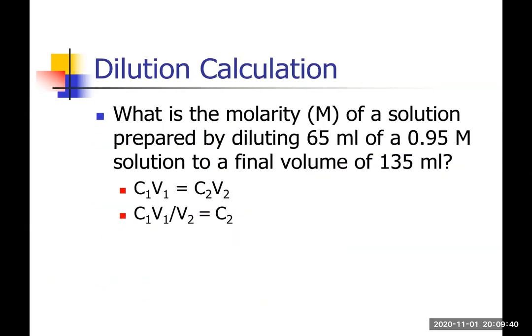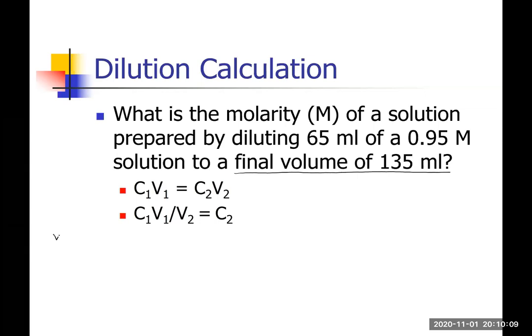So let's look at a problem. What is the molarity of a solution prepared by diluting 65 mils of a 0.95 molar solution to a final volume of 135 mils? So if I'm getting confused about what is C1, what is V1, at least I know that my final volume here is this 135 mils. So I can write that down.